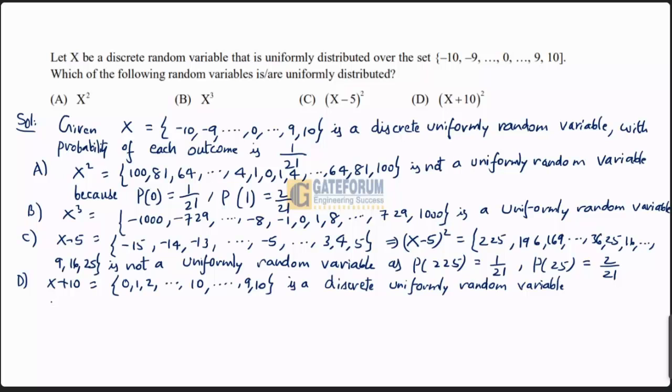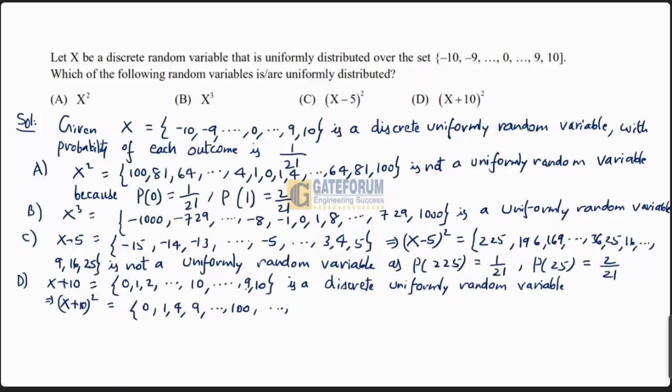But they're asking X plus 10 whole square, which is equal to 0, 1, 4, 2 square 4, 3 square 9, and so on, 10 square 100, and so on. This is 19, 20.